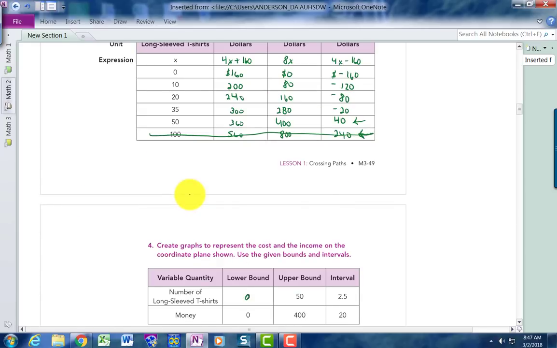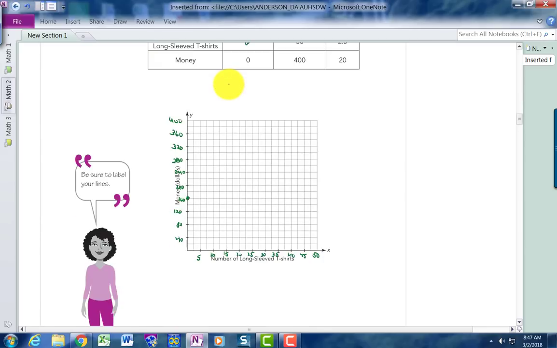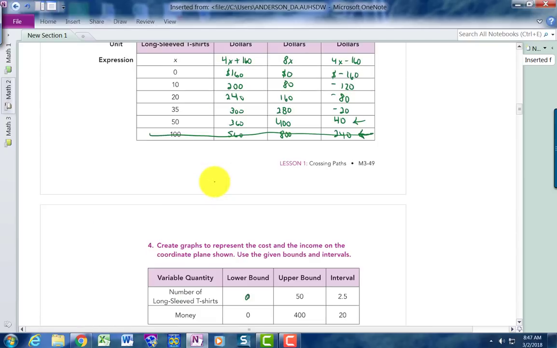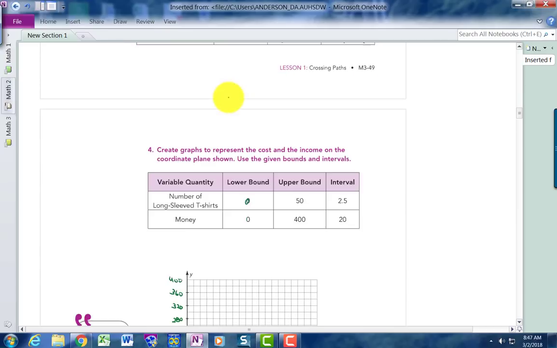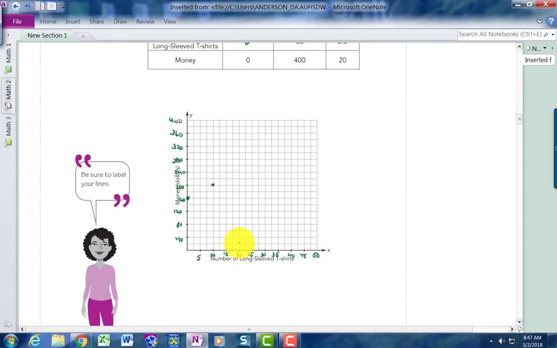And then I would do the next one, which would be 10, 200. So 10, 200 looks like right there. And then let's graph one more. Let's see, 20, 240.